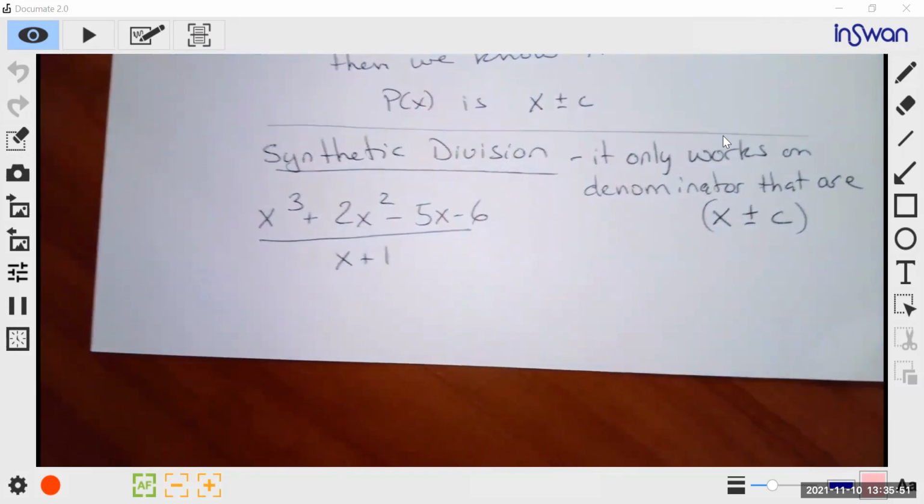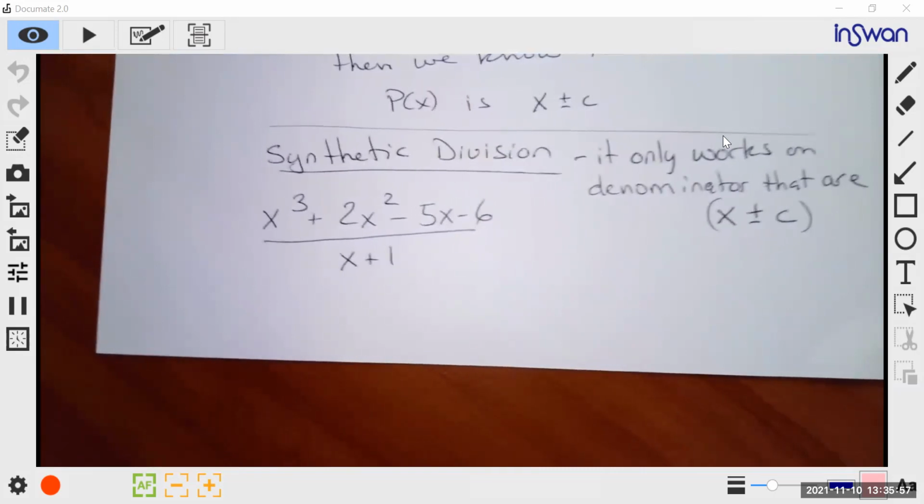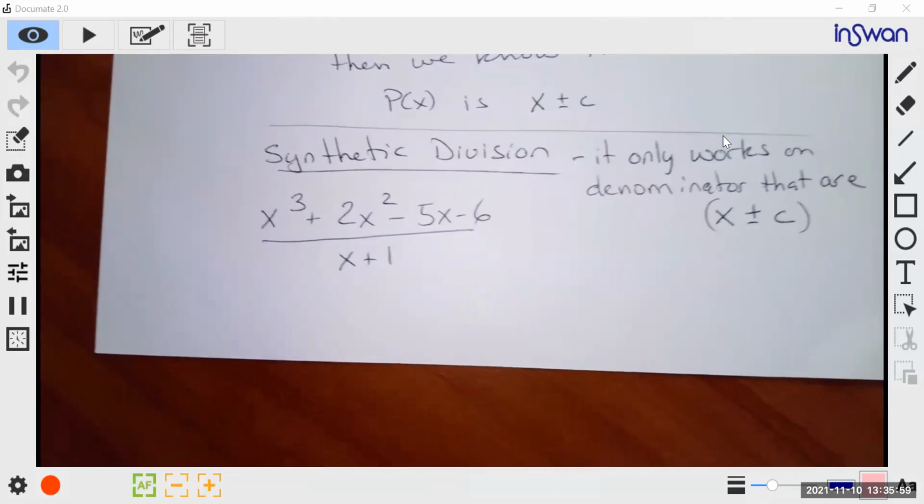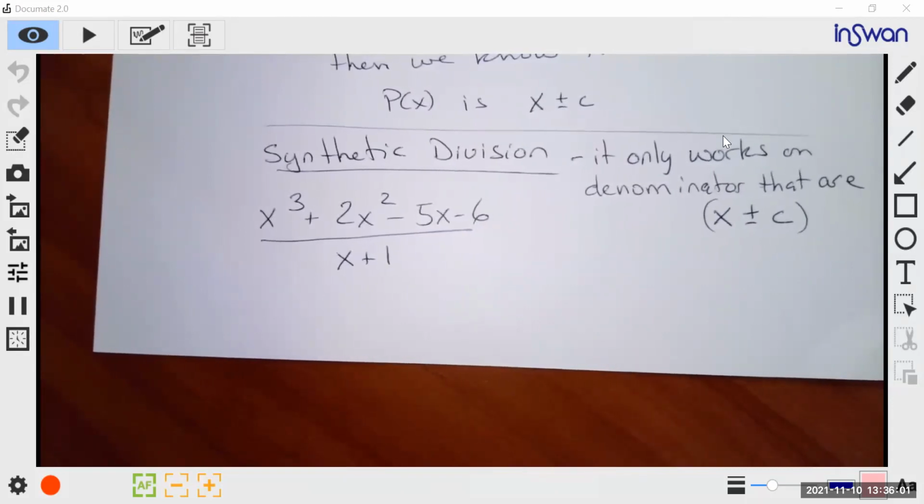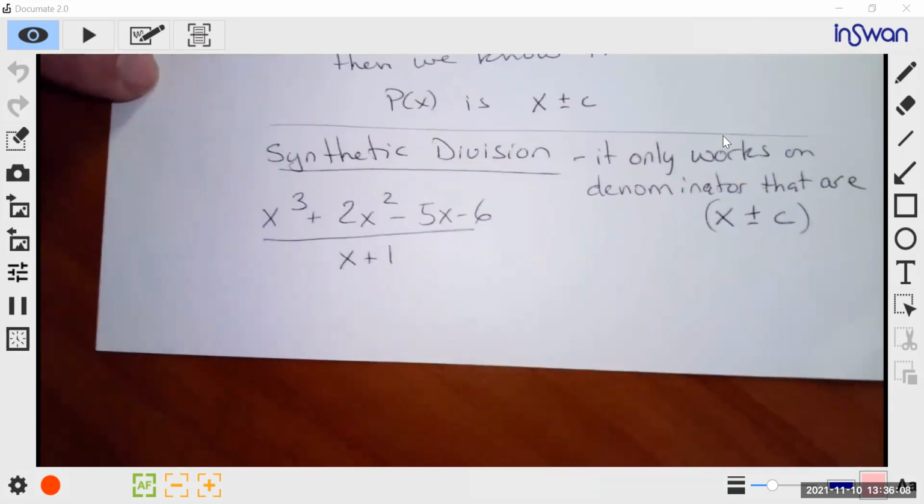So in this example, we can use synthetic division. And here's the beautiful part. Can we do long division with the amount of space I have left? No. But I can do synthetic division.